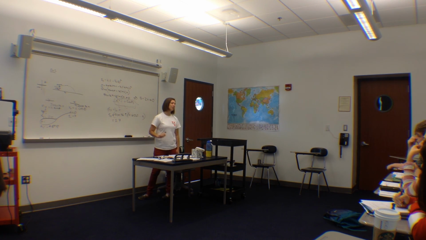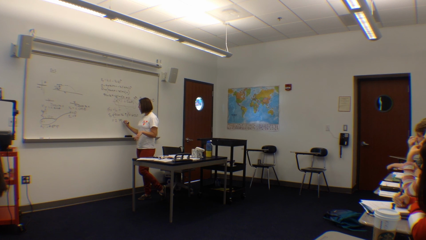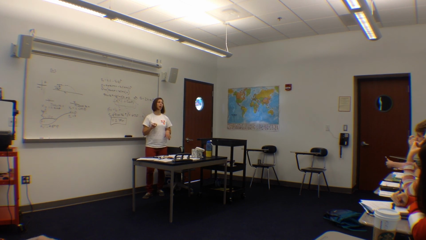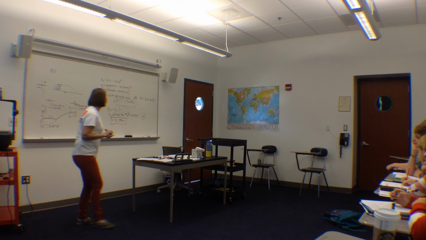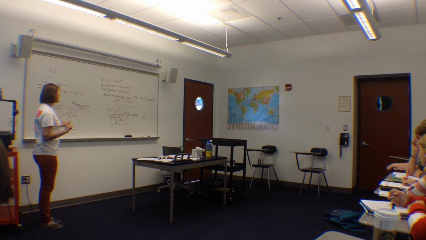Don't round your answer. 2.45. You must have rounded at some point. I was guess and check. That's not a good strategy. So this gives you 2.45 meters. So that's how far it could travel.